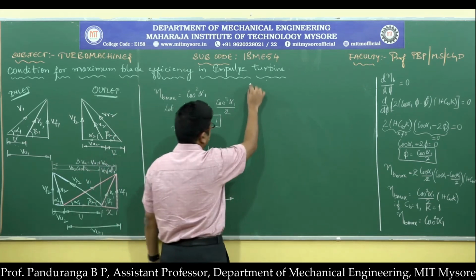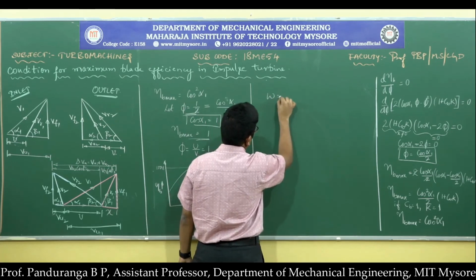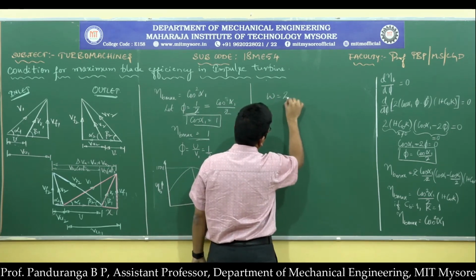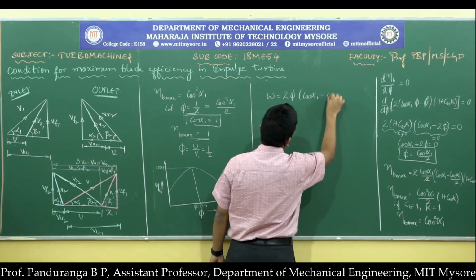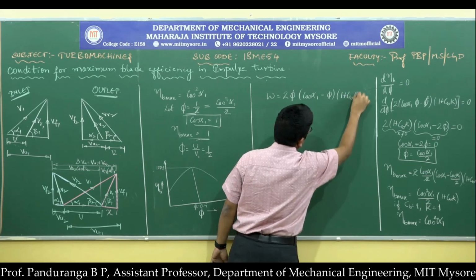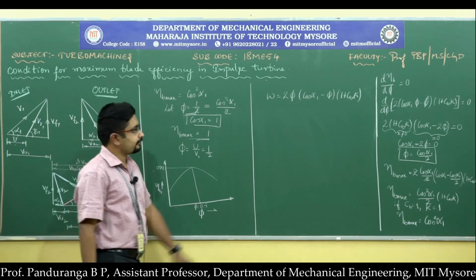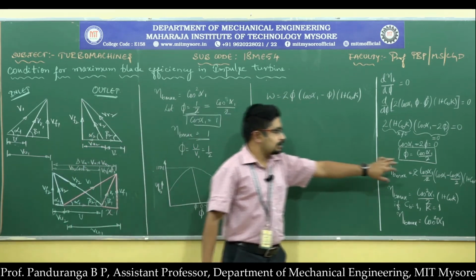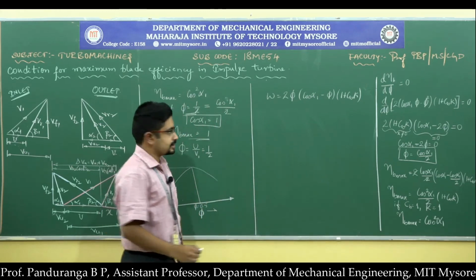Now let us see what happens to the work equation. So work is given by 2 into phi into cos alpha 1 minus phi into 1 plus Cb into K. Now I will substitute the value of phi as cos alpha 1 by 2 because that is the condition for maximum utilization.